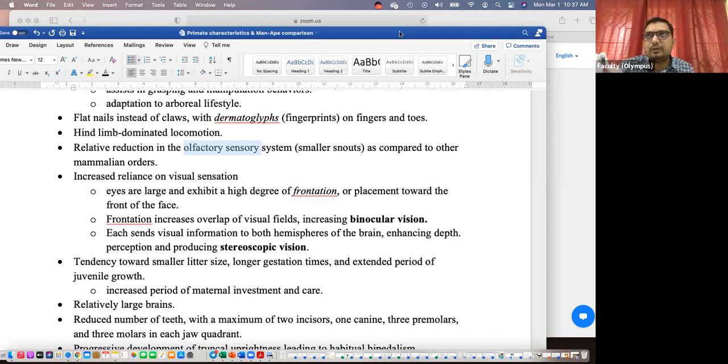Dogs seem to have at least 50 times higher smelling ability than us. Okay, so at the cost of what happened? Our smelling ability has decreased.